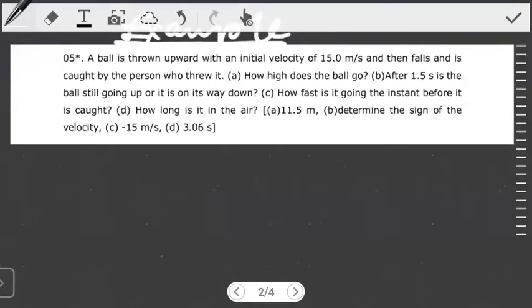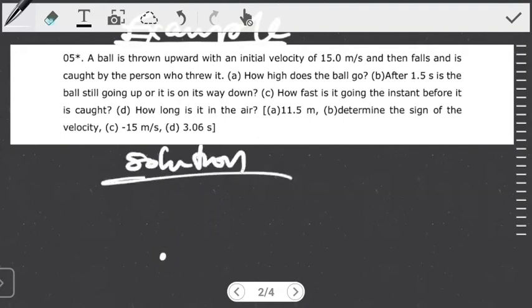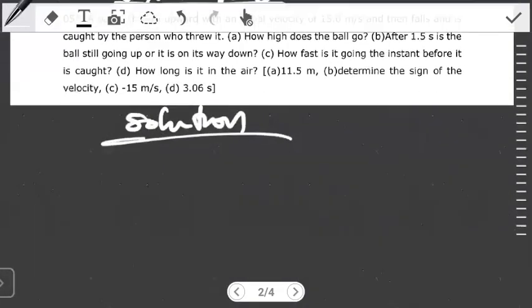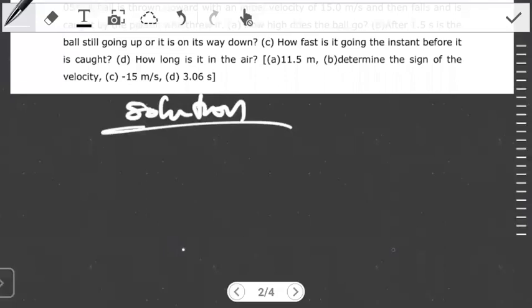So our assumption here is the object goes vertically upwards from this point to the maximum height, then it starts coming down.